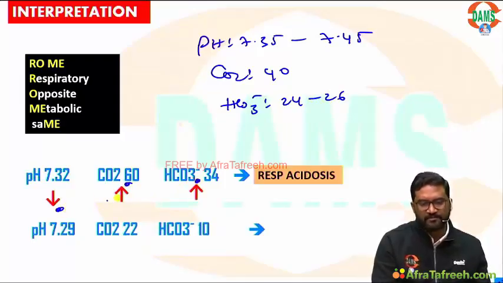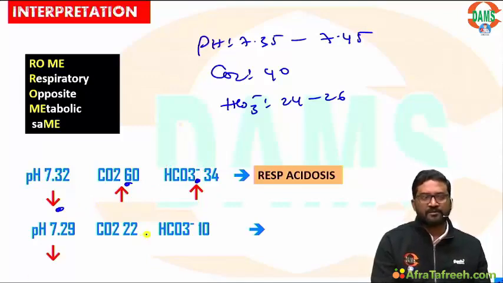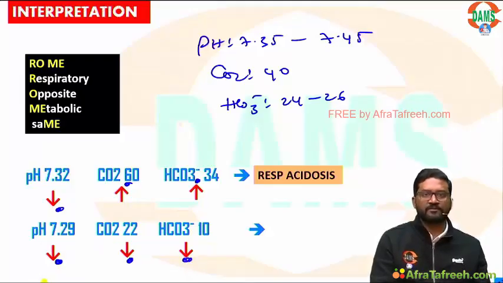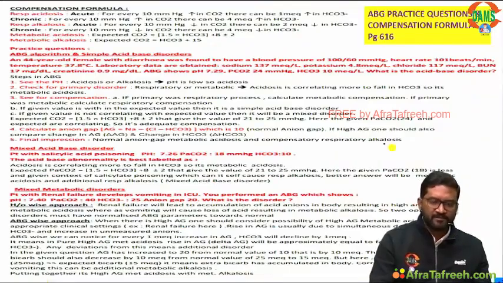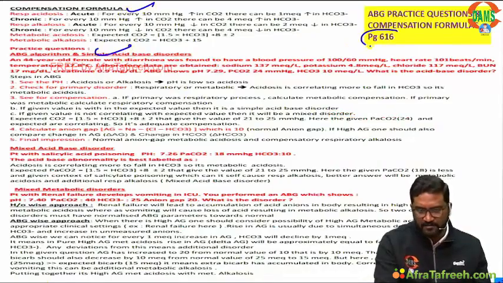This is acidosis. Change is in opposite direction. So it is respiratory. Now if you notice, everything is in the same direction. Decrease in pH is acidosis and the change is in the same direction. So what should be the name? Metabolic. And apart from this, all the compensation formula practice questions you can see in 616.